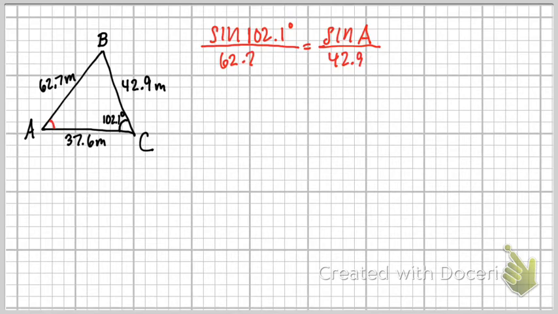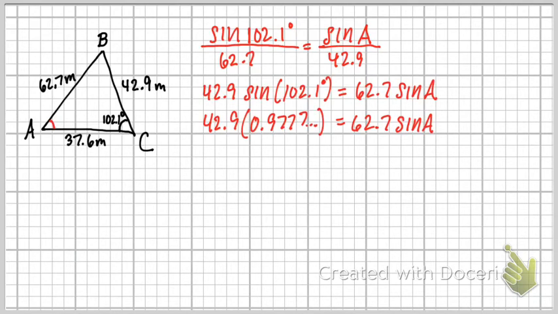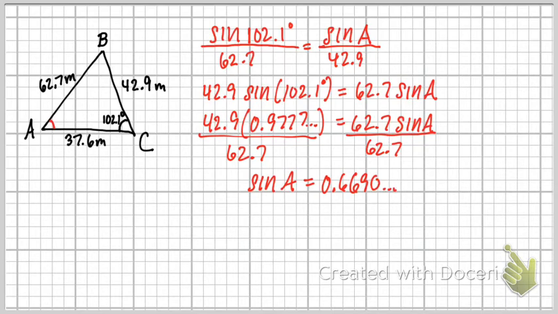Okay, so we're going to just do our math, all right? A little algebra, so cross multiply, which I hate to say, but that's what we're doing. And then now divide by 62.7, and this is what we get. We get the sine of A equals 0.6690 and so on.